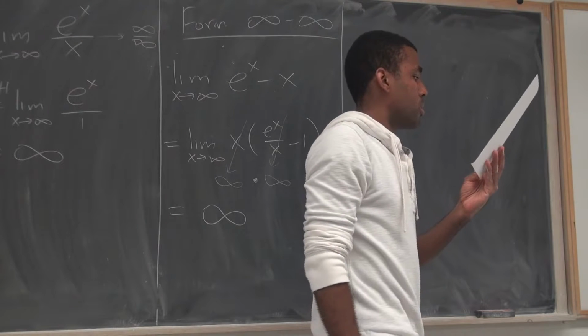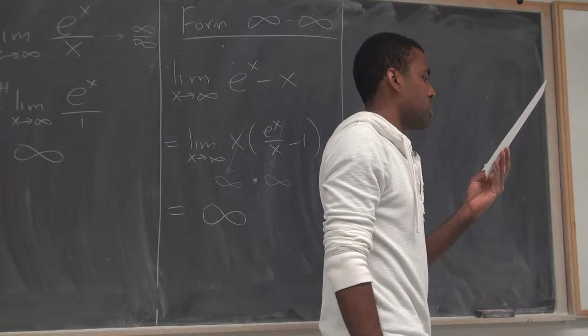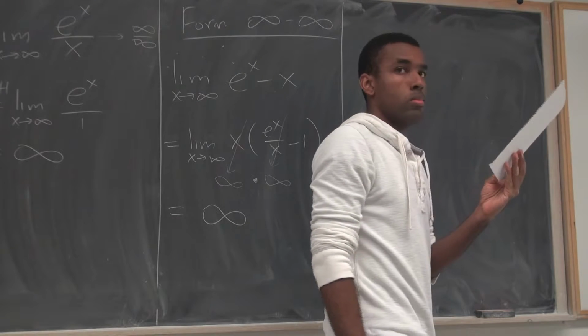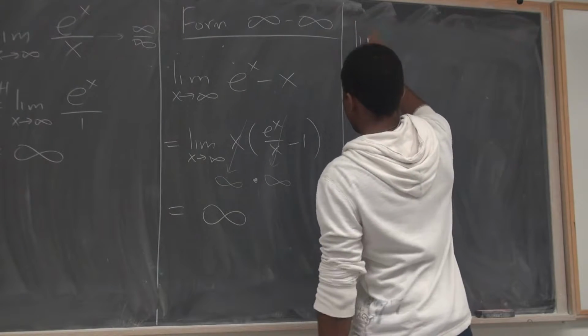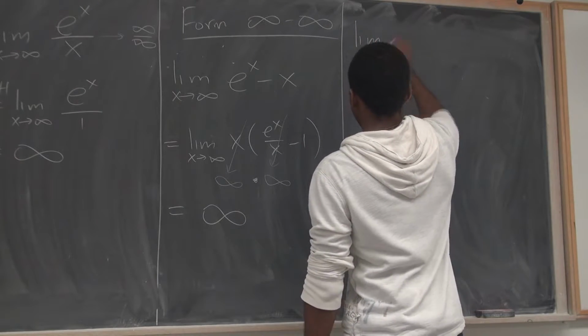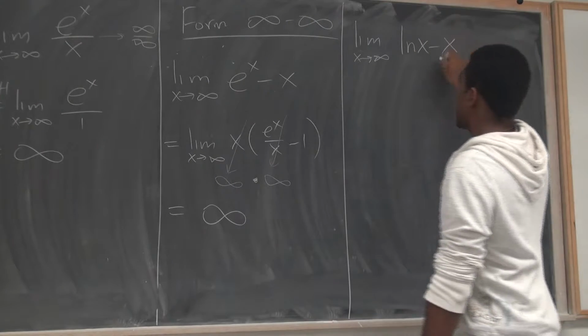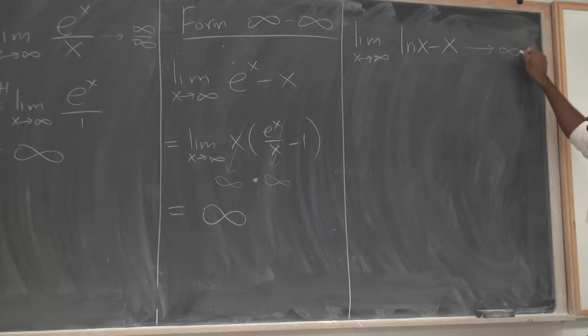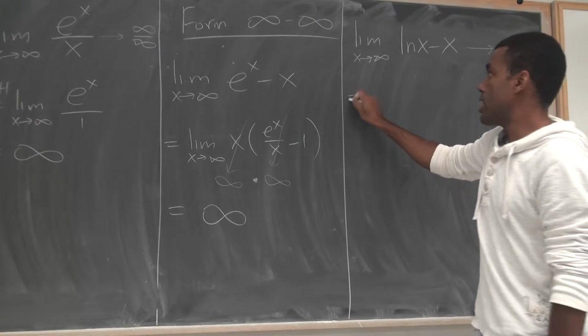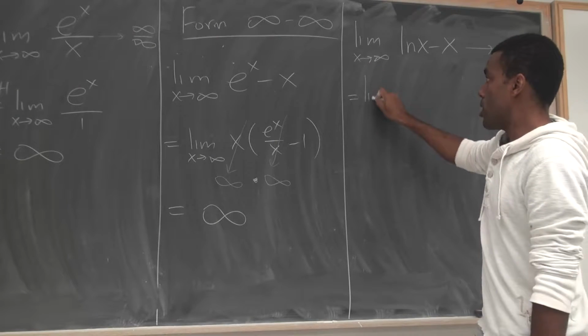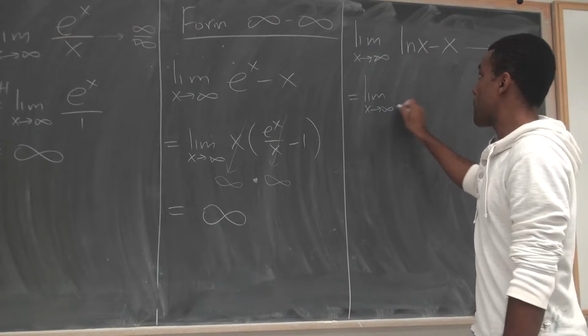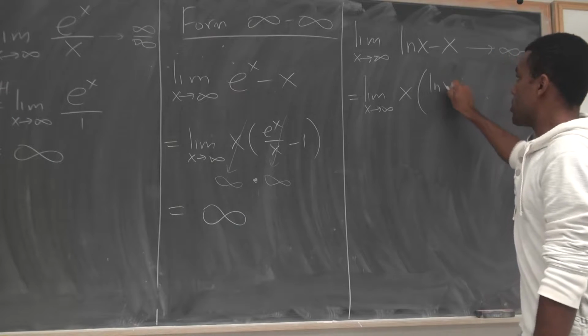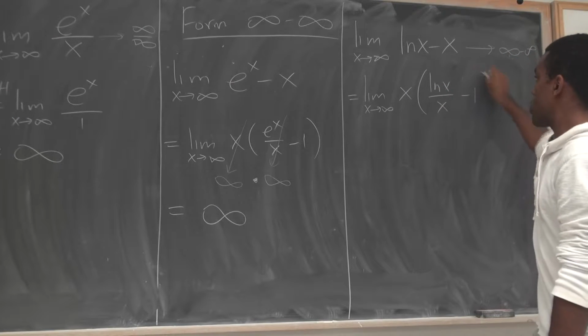Did I do ln x minus x? Right, we did the other example, the limit as x approaches infinity of ln x minus x. Again, this is infinity minus infinity. The trick again here, you don't need L'Hopital's rule. All you did was factor out an x. This gives you ln x over x minus 1.